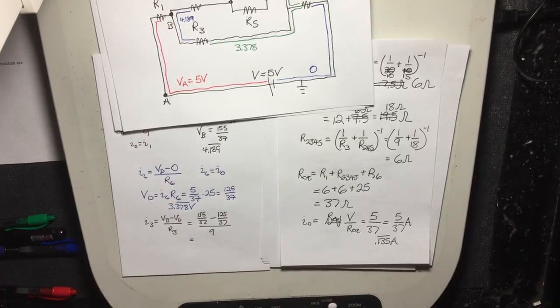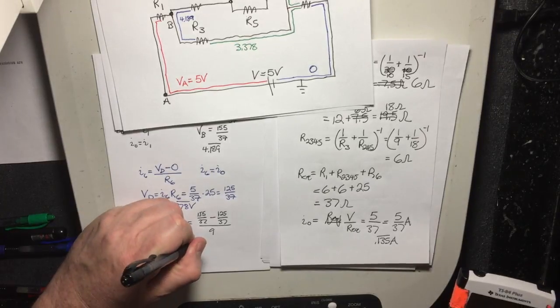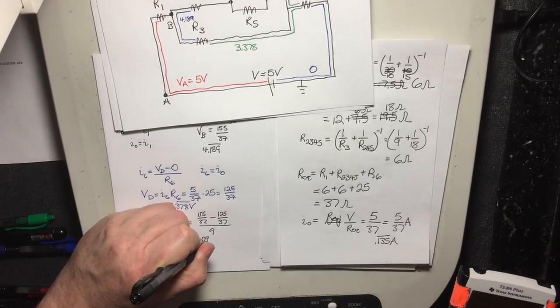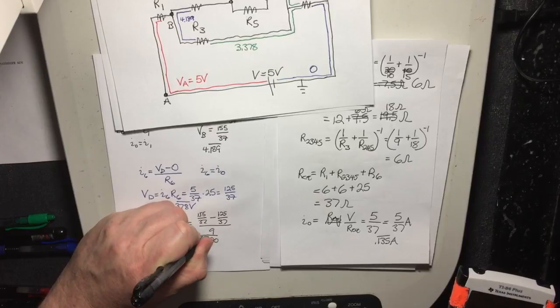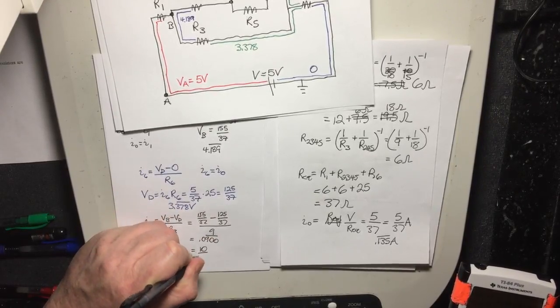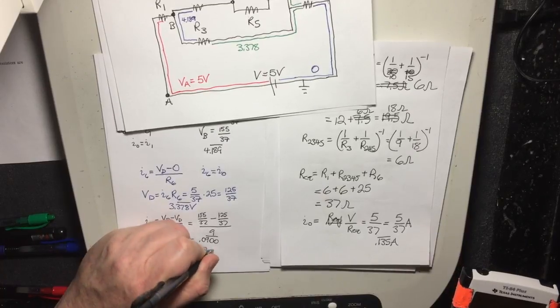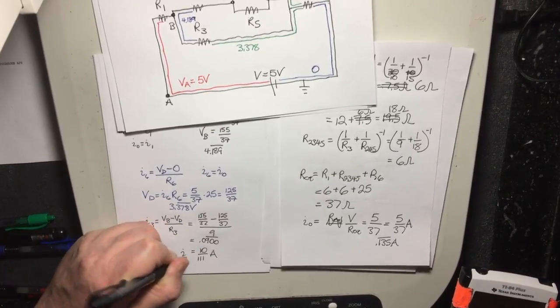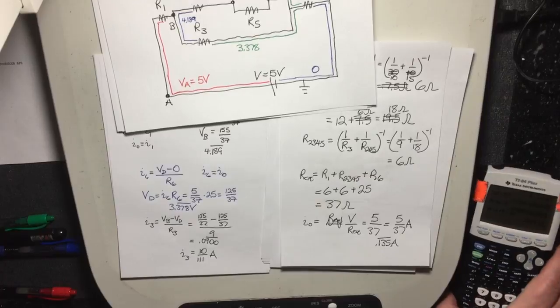So it's 30/37 divided by 9, which is either 0.0900 repeating or 10/111 amp. And that is the current going through I3.